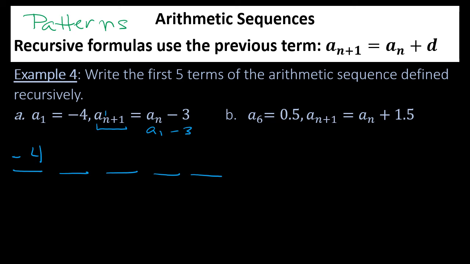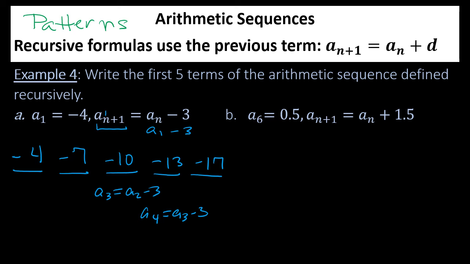So if I take my first term minus 3, I get negative 7. Then a sub 3 is going to be a sub 2 minus 3, so I'm going to subtract 3 again. And then a sub 4 is a sub 3 minus 3, which is negative 13, and the pattern goes on. So negative 17.